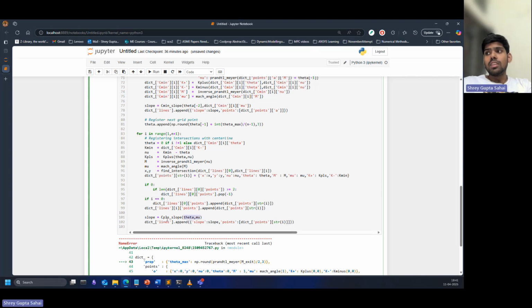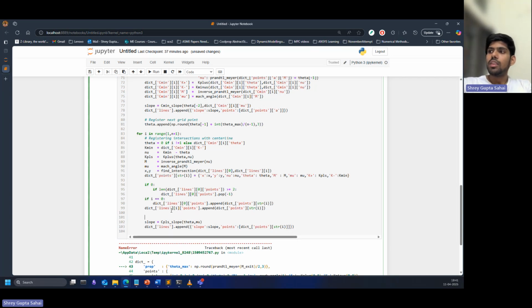Then you also find the slope. For the given theta and mu, there is a slope. Up till now, this is all fine. Now we start looking at the C plus line characteristic originating from this point.